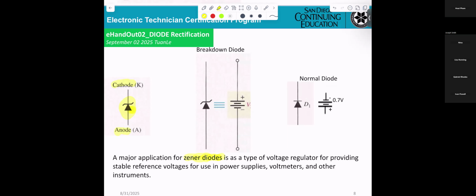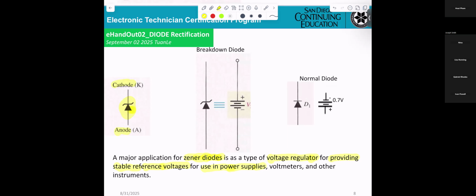A major application for the Zener diode is as a type of voltage regulator for providing a stable reference voltage in a power supply, a voltmeter, or other instrument.